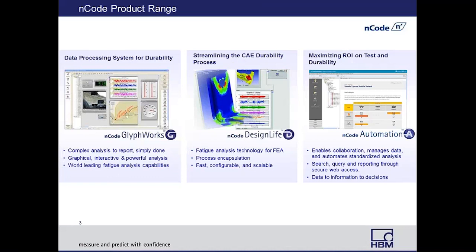It allows them to take measured data, which can be in all sorts of forms, such as strain gauge data or accelerometer data, process that data, and come up with some results, maybe something like fatigue calculations or accelerated testing data, and then put that into a simple report that's easy to understand and easy to read. And all of this is done in an environment that is easy to use. It's very graphical in nature, so you're going to see a lot of drag and drop functionality.